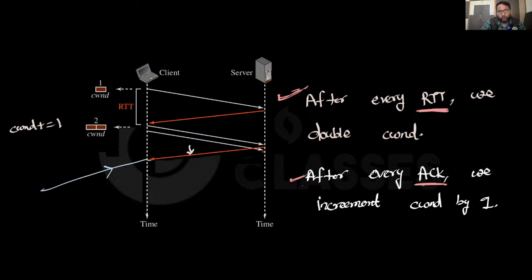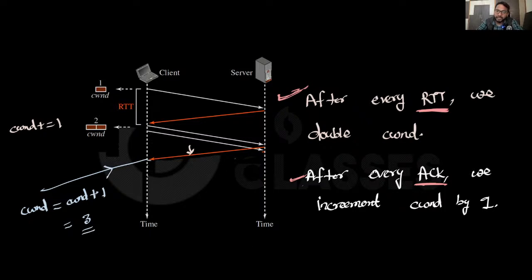Earlier it was 2, and whatever it was earlier, you are going to increment by 1. The moment you receive this ACK, your congestion window will be 3.